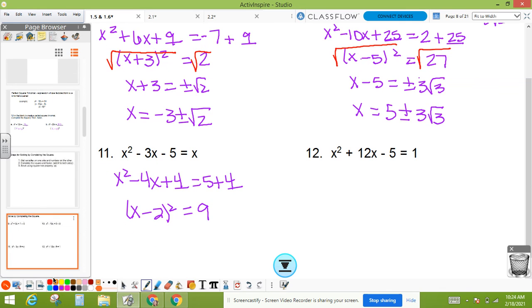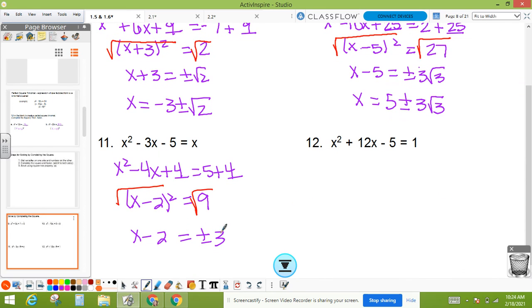Take the square root of both sides. And you get x minus 2 is equal to plus or minus 3. So then we have to add 2. But remember, we're adding 2 to 3 and negative 3. So we have 3 plus 2 is 5. And negative 3 plus 2 is negative 1.